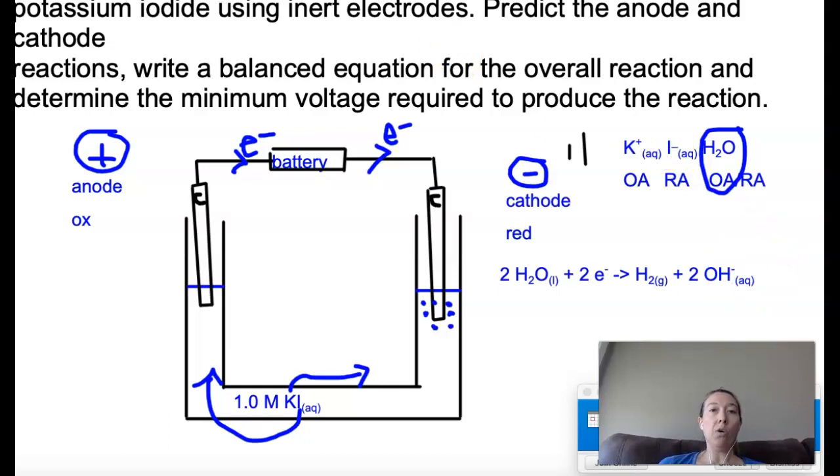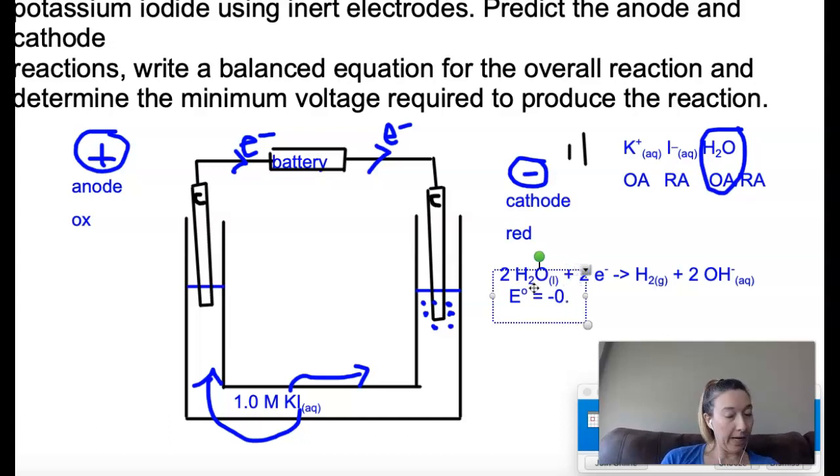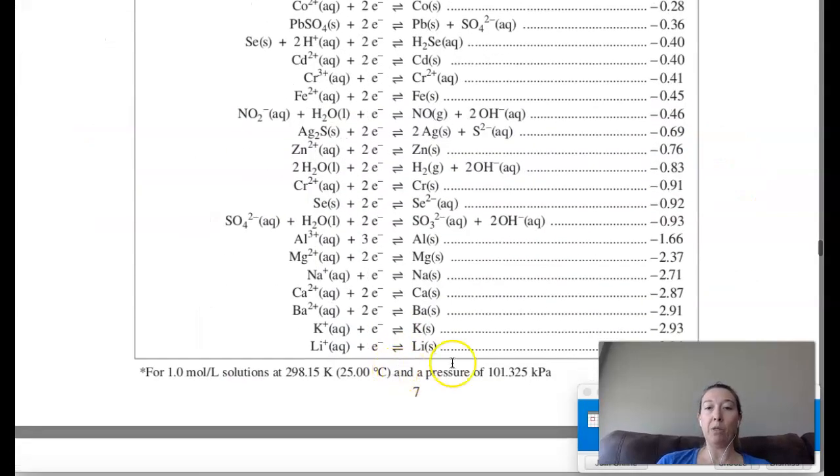Okay, other thing I do want to record while I kind of have my eye on this is what is the E naught for this half reaction. So the E naught for water is negative 0.83 volts, okay? So next thing I need to do is I need to find my SRA. So same deal, we go back to the data booklet. Now we're looking at the RA side, so we're starting at the bottom, we're working our way up.